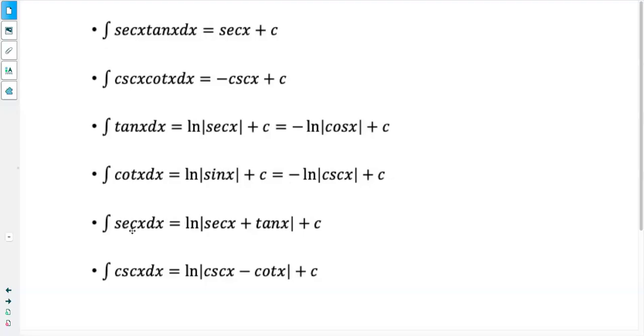And we have the integral of secant x dx equals the natural logarithm of secant x plus tan x plus c, as well as the integral of cosecant x dx equal to the natural logarithm of cosecant x minus cotangent x plus c.